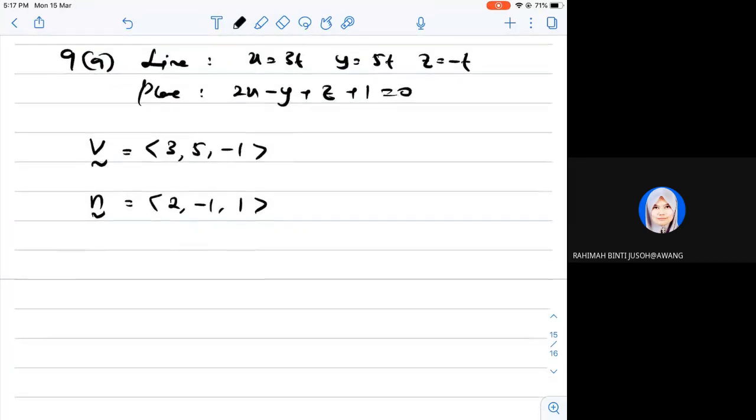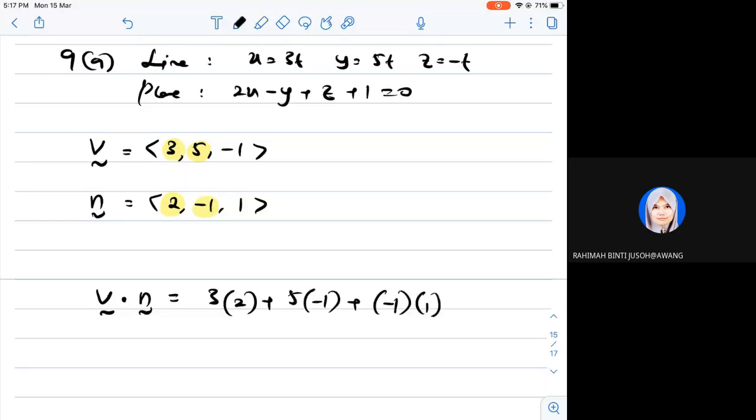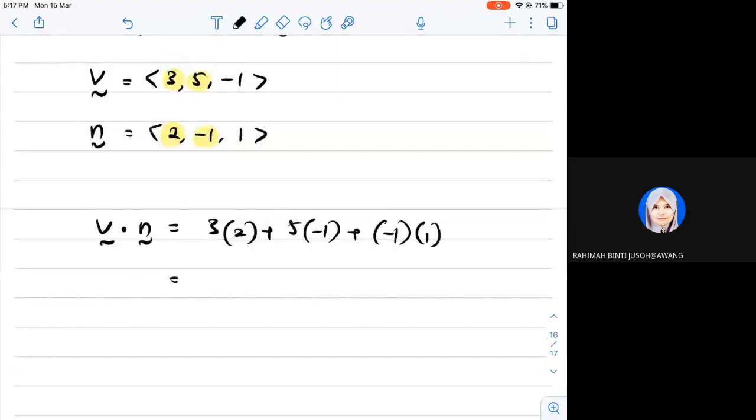So now jom kita test. V dot N dapat tak 0? V dot N equals to 3 multiplied by 2 plus 5 multiplied with negative 1 plus negative 1 multiplied with 1. So we will have 6 minus 5 minus 1. We get 0. So is it parallel or intersect?